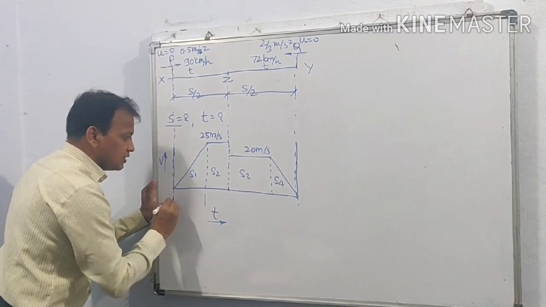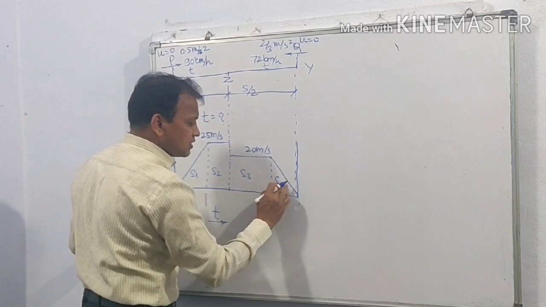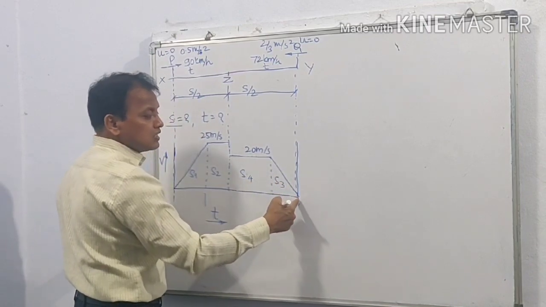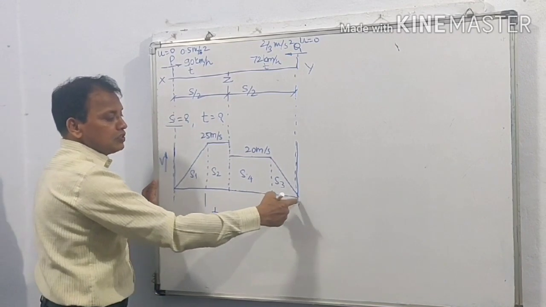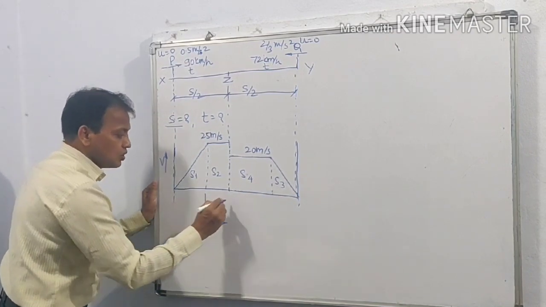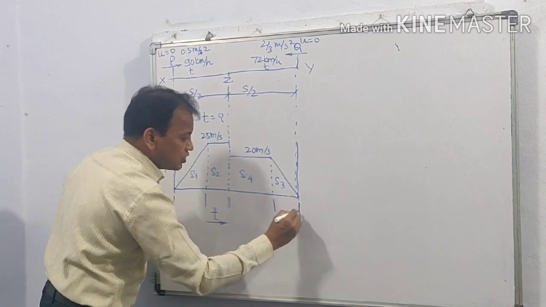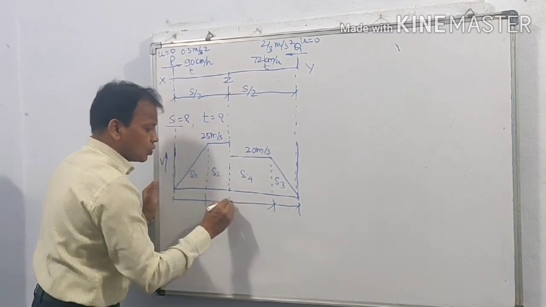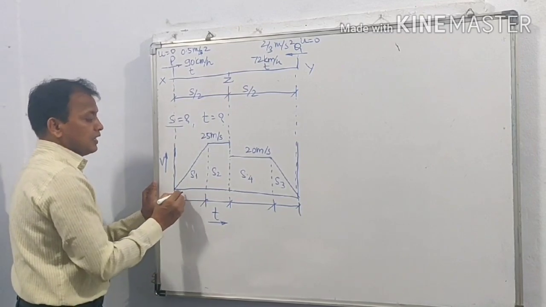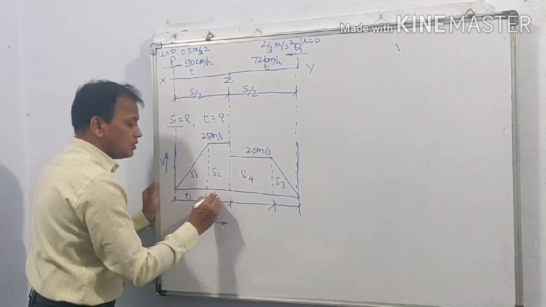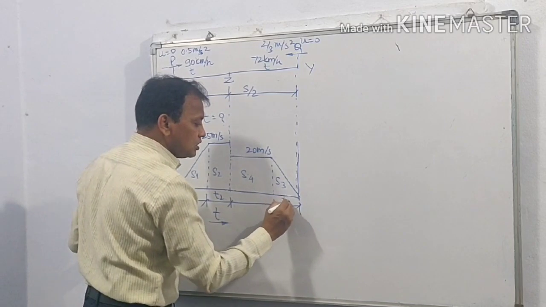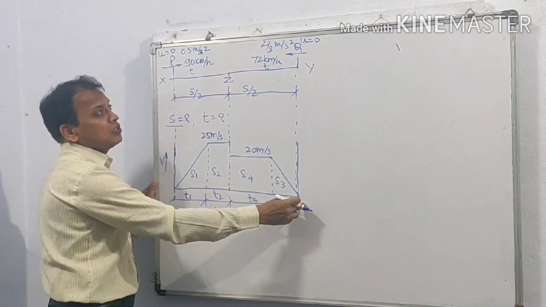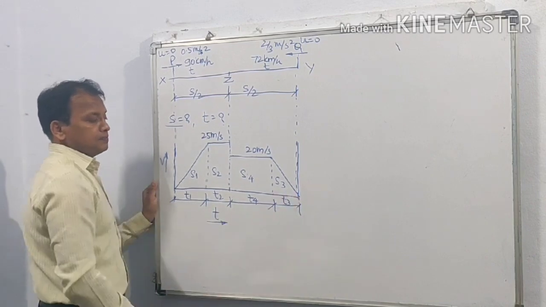Let this be S3 and this be S4, because train Q is starting from here. Therefore first S3 then S4. Time for each motion is T1, T2, this is T3 and T4. Why T3? Because train Q has started from here.